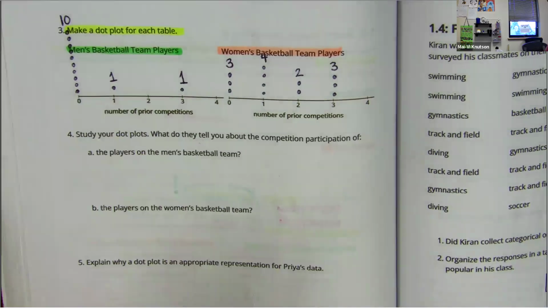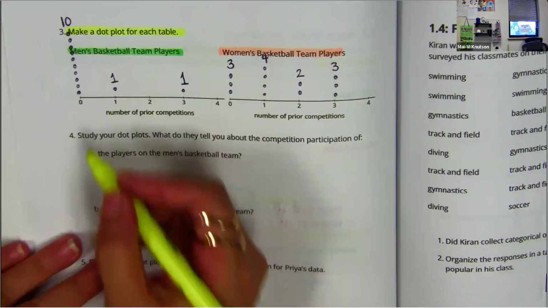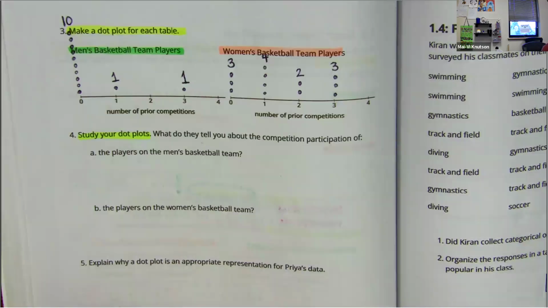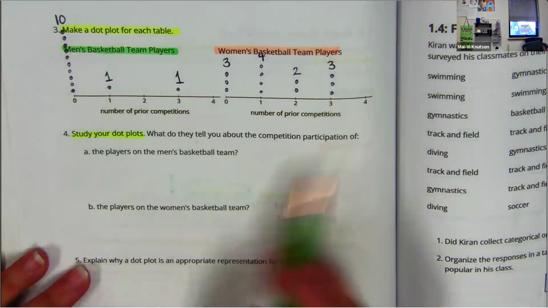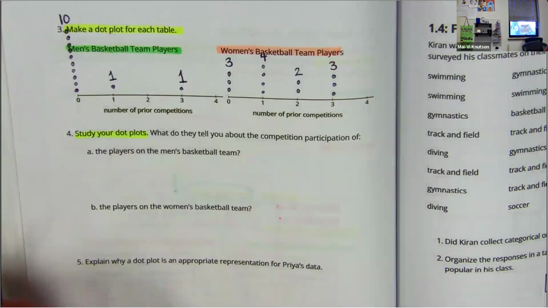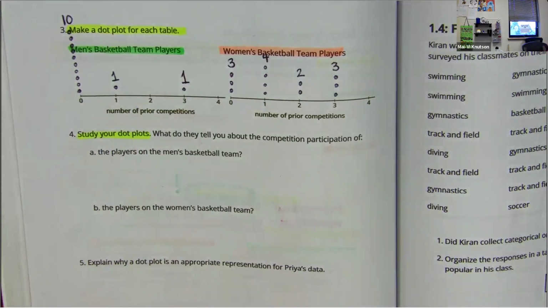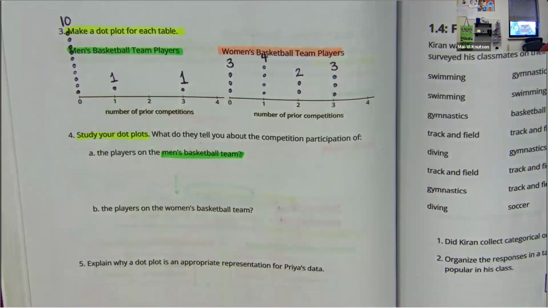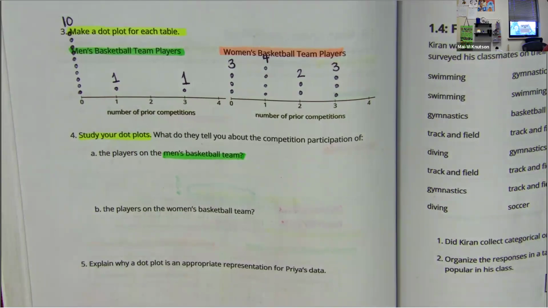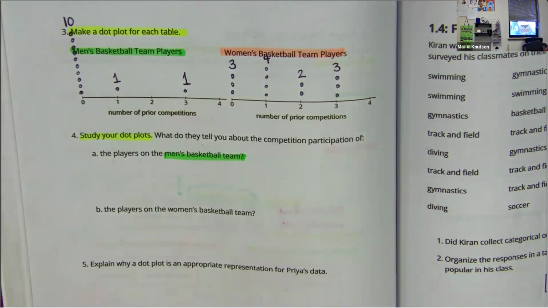All right, now we're going to study our dot plots. What do they tell you about the competition participation of the players on the men's basketball team? Okay, so we want to know what they tell us about the players on the men's basketball team.